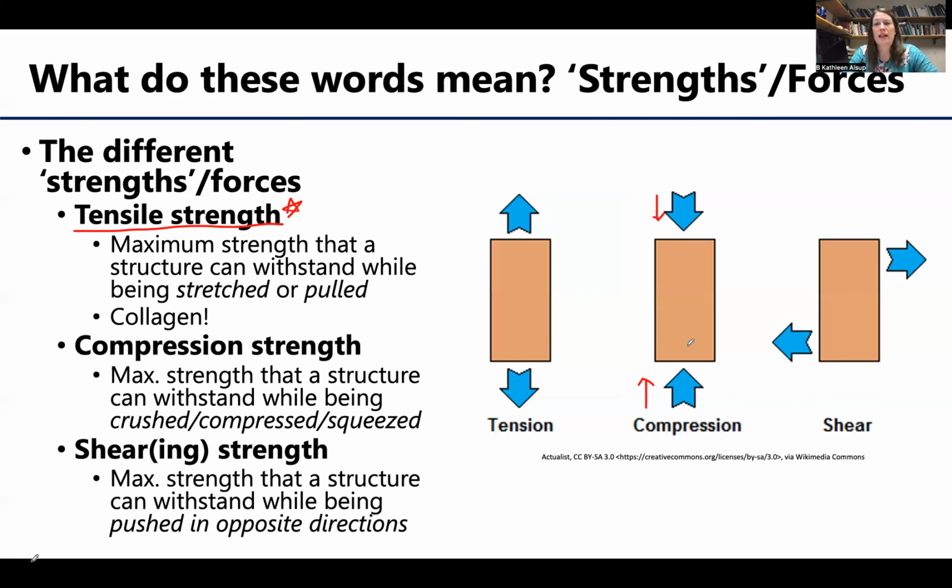And this can play a role, as well as shearing or shear strength. That's going to be the strength that a structure can withstand while certain portions are being pulled in different directions. And so how much can that structure withstand before you reach failure? So all three of these are going to come up. Again, tensile strength is going to come up a lot. So do make sure that you feel comfortable with that before moving on.